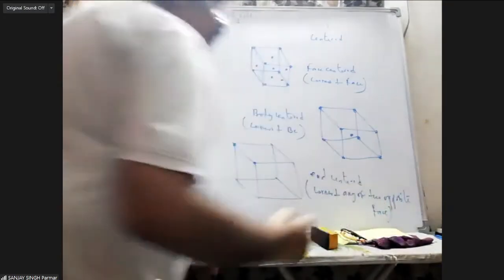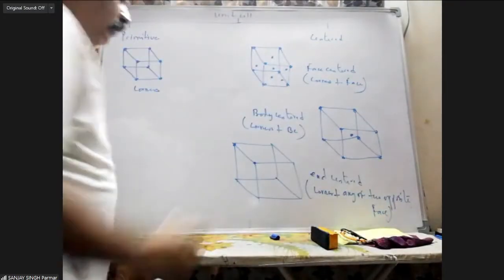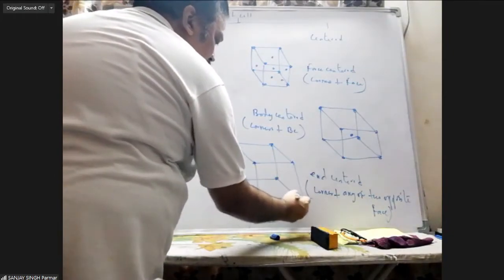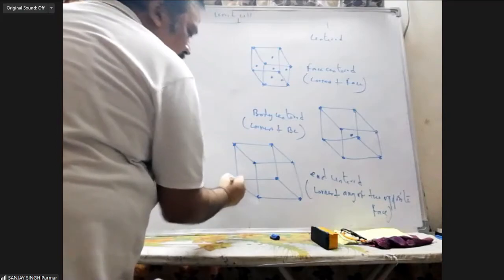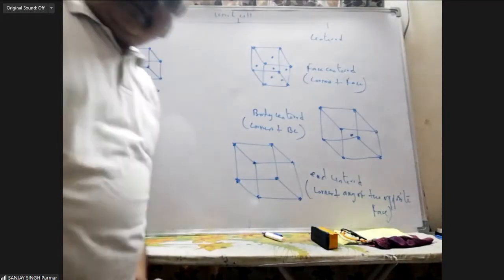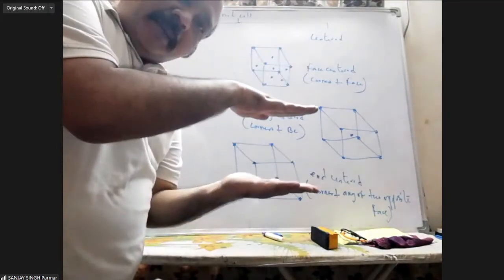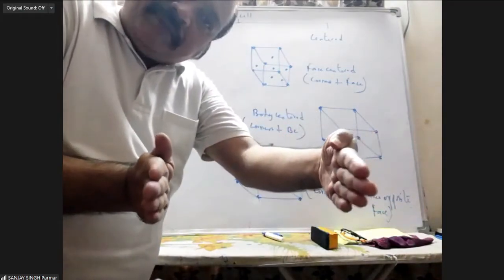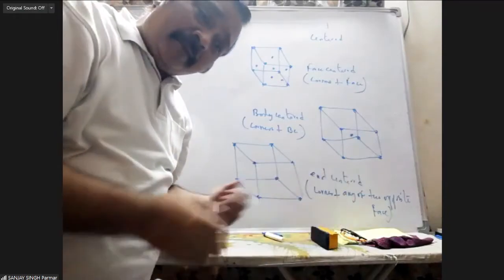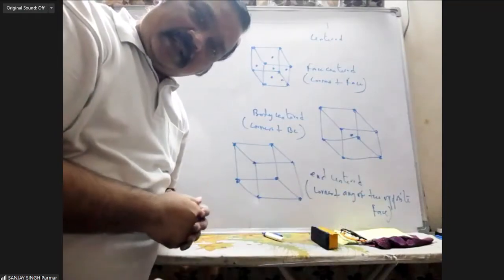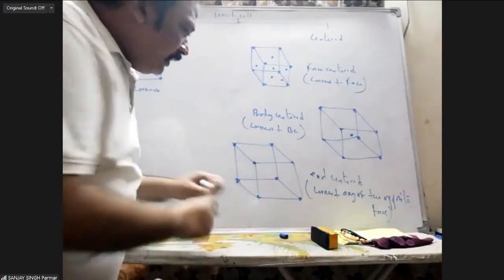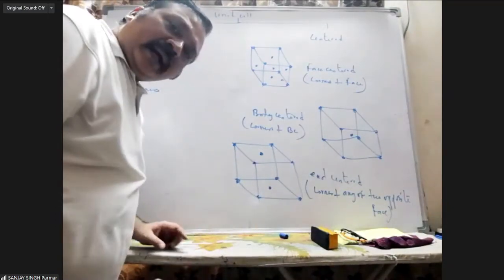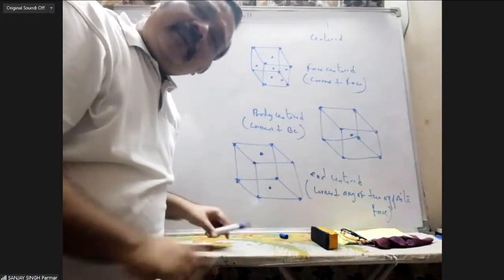Points are there at the corner, and any of the two opposite faces, maybe up and down, maybe front and back, maybe left and right. As the blackboard is two-dimensional, I am deliberately choosing the up face and the down face so that understanding the diagram will be very easy.